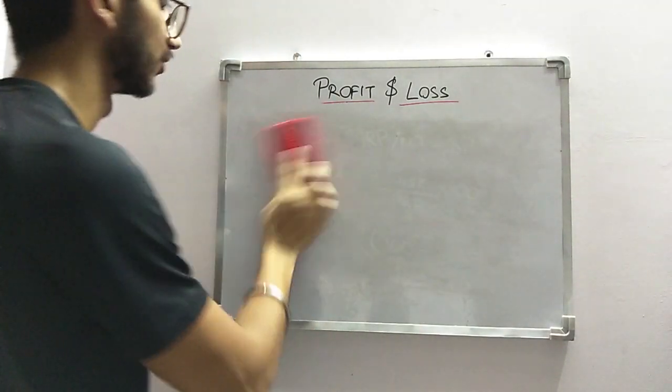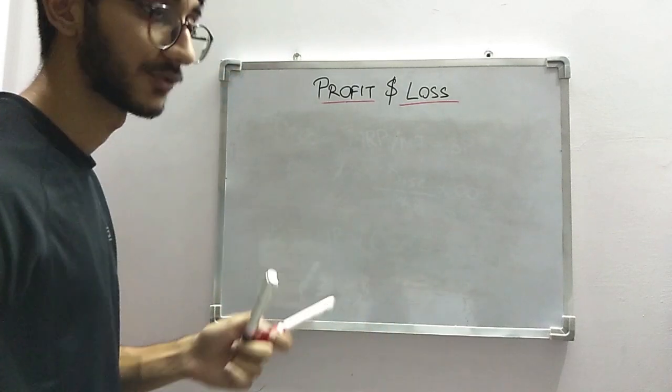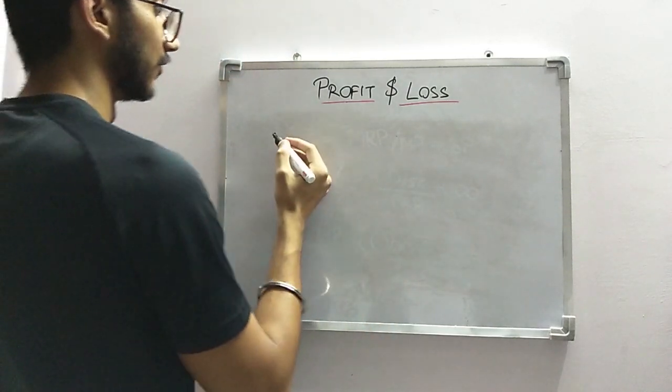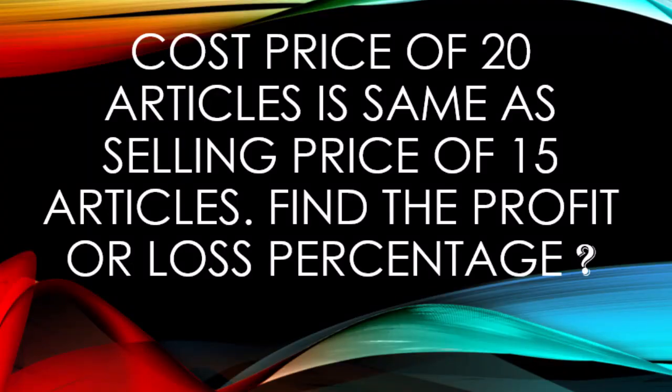Let's move on to a question, like how the questions are actually asked in the entrance exams. The question will be on your screen. You are given that the cost price of 20 articles is equal to the selling price of 15 articles.